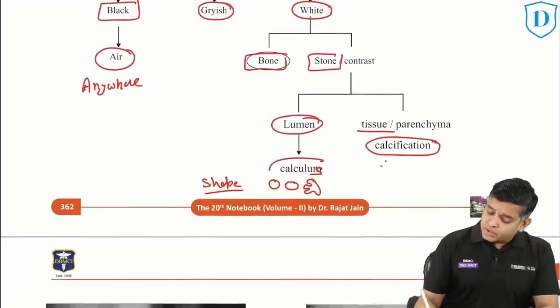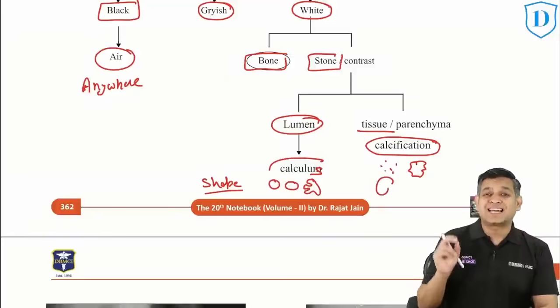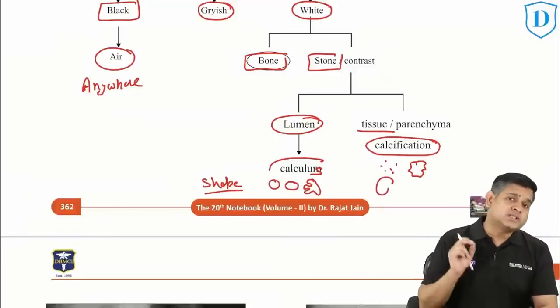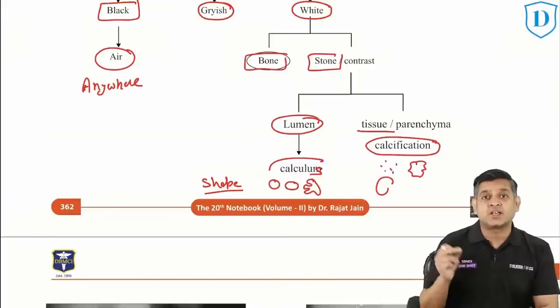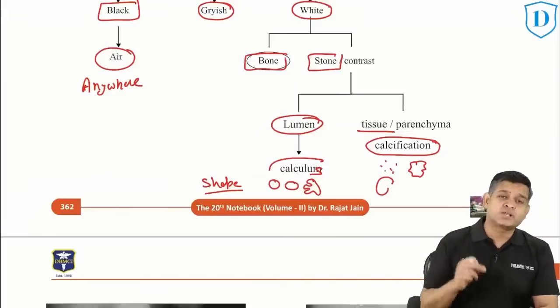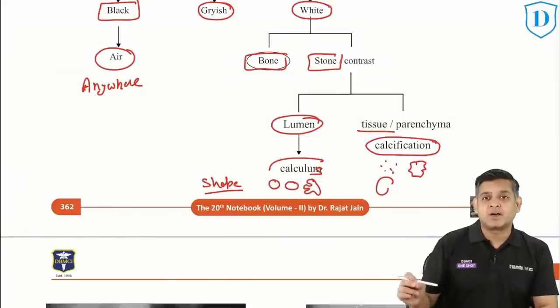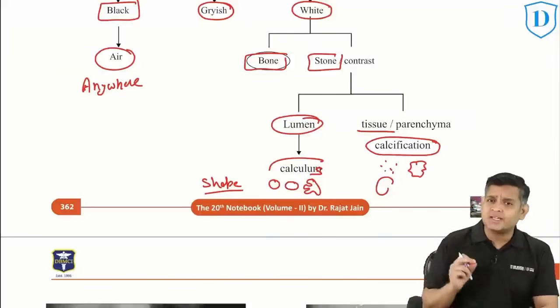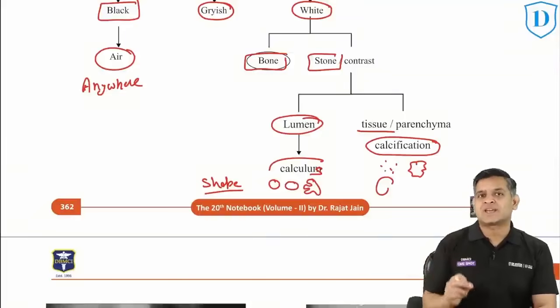However, if it is dotted, irregular, or taking the shape of the organ, then it is calcification, right? You will see calculus in the ureter, but you will see calcification in the liver. You will see calculus in the gallbladder, but you will see calcification in the pancreatic parenchyma. So look at the shape, look at the location, and these will help you in identifying whether it is calculus or calcification.